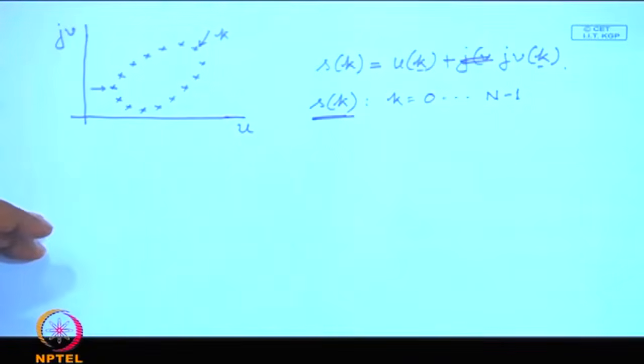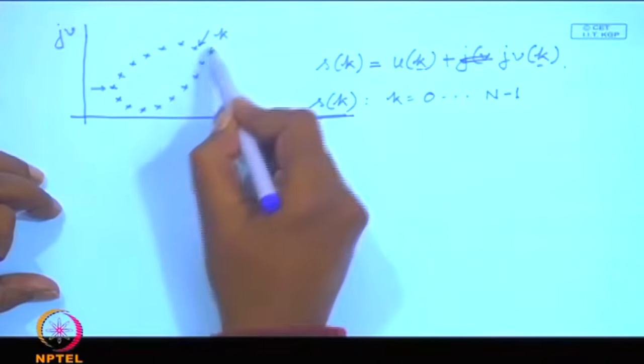And the magnitudes of those capital N discrete Fourier coefficients itself can describe this particular boundary. So, that becomes a set of features. There are various other ways, this is just one example, in which the feature can be extracted.